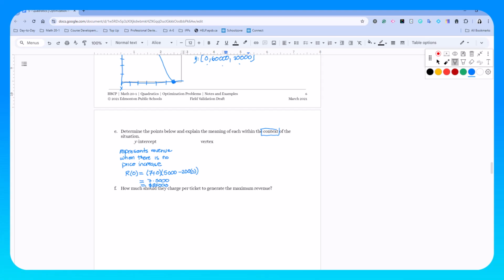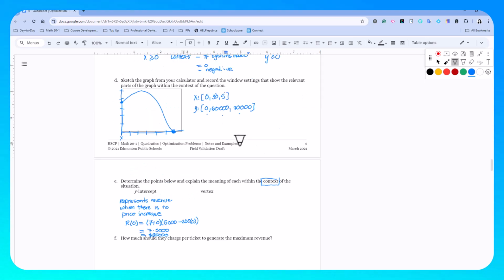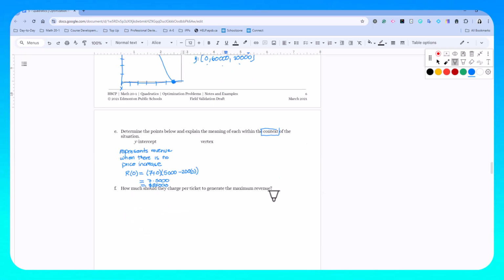But the vertex, well, that's that little point up here. That would be when the revenue is maximized. So it represents the maximum revenue with x price increases.